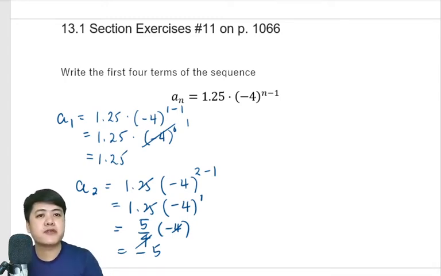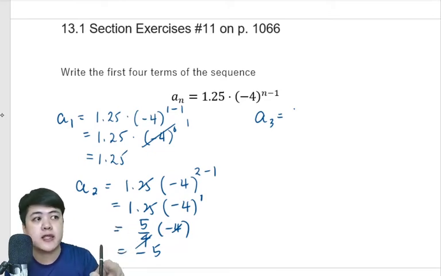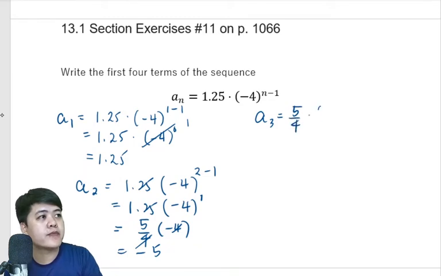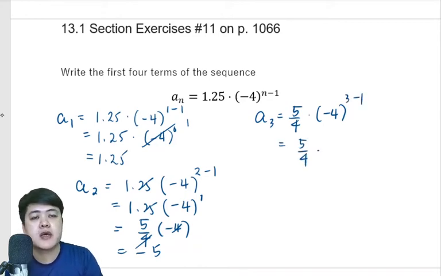Let's have the third term, a sub 3. Substitute 3. Gawin na natin itong 5 over 4. 5 over 4 times negative 4 raised to 3 minus 1. So we'll get 5 over 4 times negative 4 raised to 2. Okay.